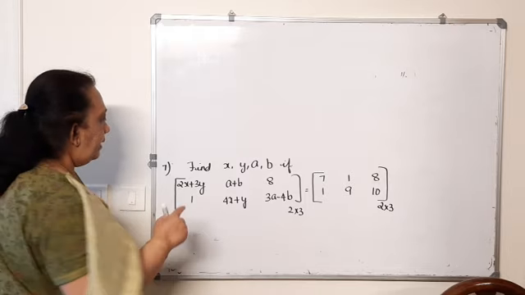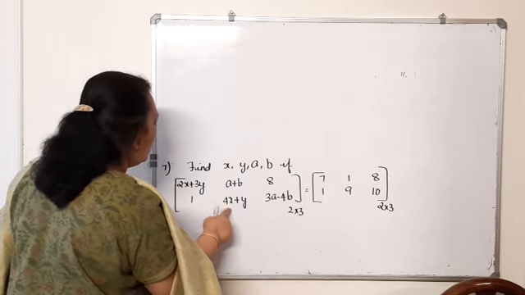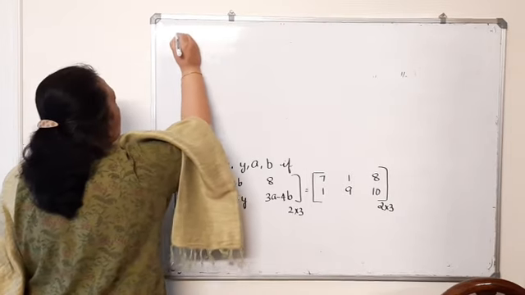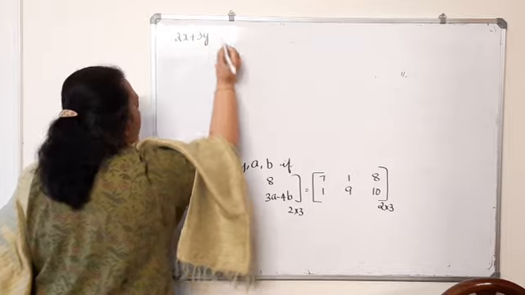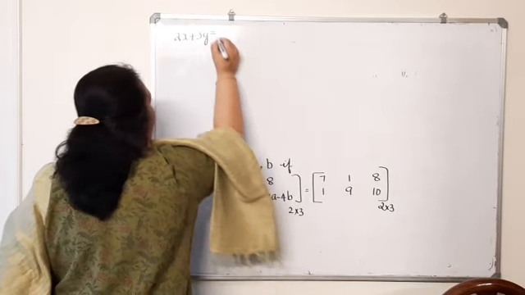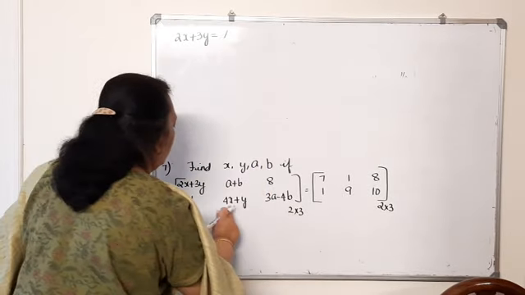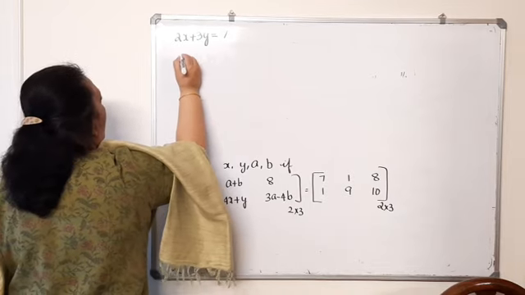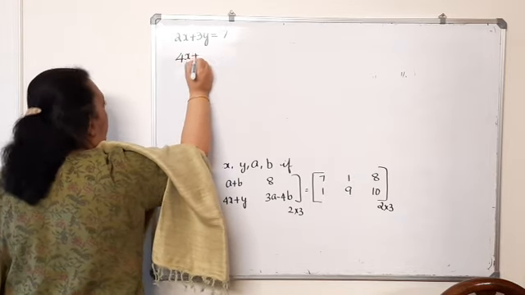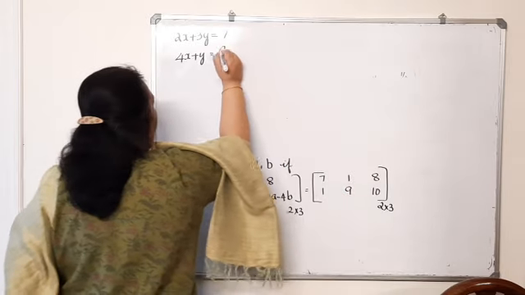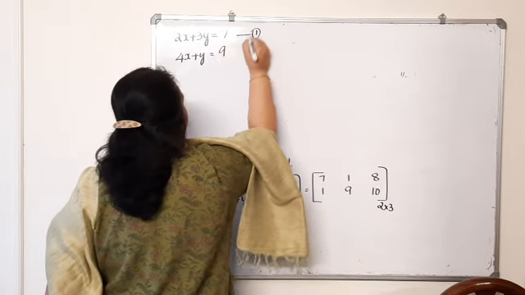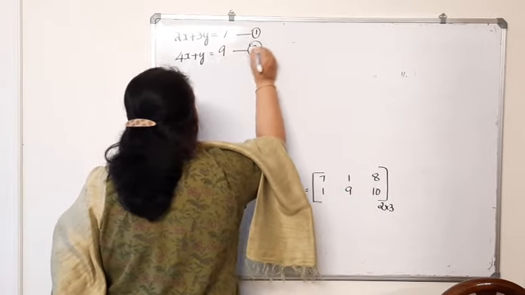So you take the x terms and y terms together. 2x plus 3y, the a11 element, is equal to 7. Similarly, 4x plus y is equal to 9. First equation and second equation.